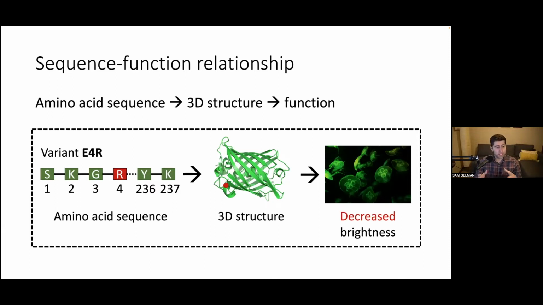So one of the challenges with protein design is that it can be hard to know how an amino acid substitution will affect function. If we want to improve function, what amino acid substitutions do we have to make? So what biologists can do is set up experiments where they synthesize these variants in the lab and then they measure their functional properties.